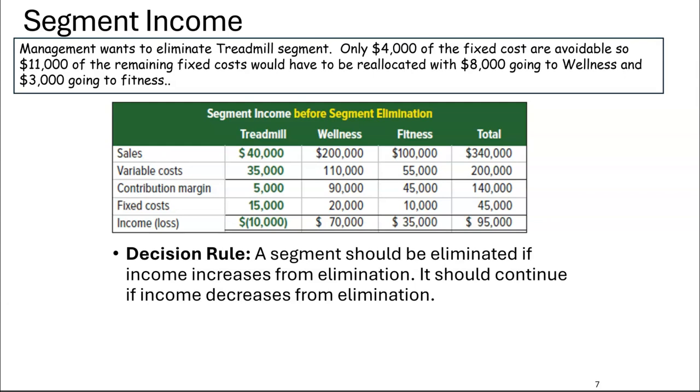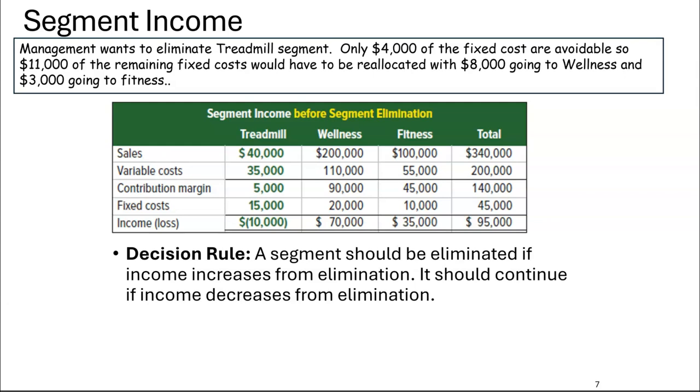So then the question becomes, how much of those fixed costs are going to go away? And if they do go away, they better exceed $10,000. Because otherwise you're going to lose money if you get rid of treadmill, because the contribution margin is helping cover some of those fixed costs.